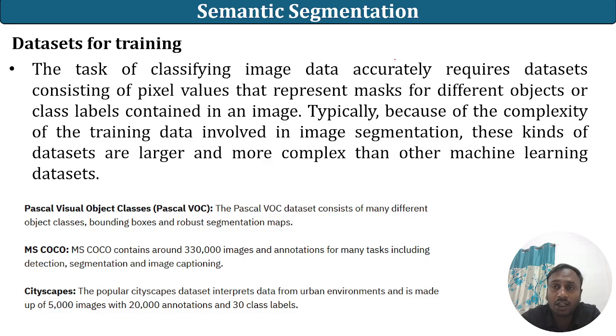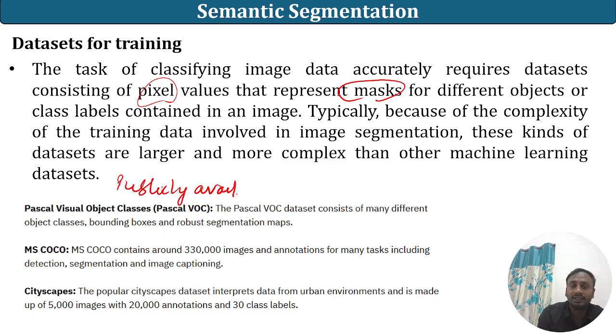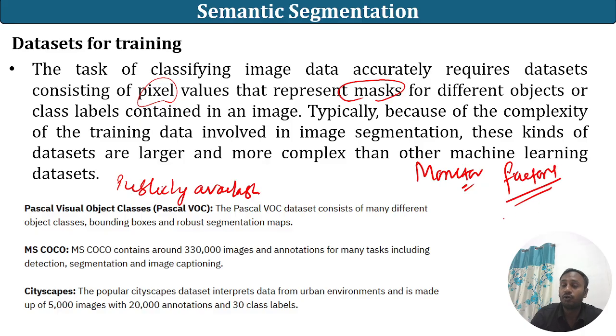The segmentation task actually requires a data set consisting of the pixel values, and a mask for each different object. There are some data sets that are publicly available. Say you are monitoring some factory, and you take one picture on day one, a second picture on day two, a third on day three, a fourth on day four.